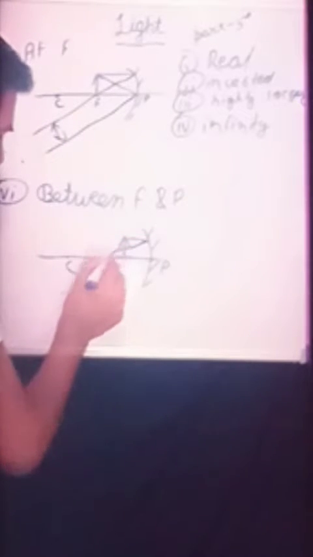Okay, when a ray of light parallel to the principal axis falls, it passes through focus, and whenever a ray goes to the pole of the mirror, then angle I equals angle R is formed. It is seen that after reflection the light gets diverged.